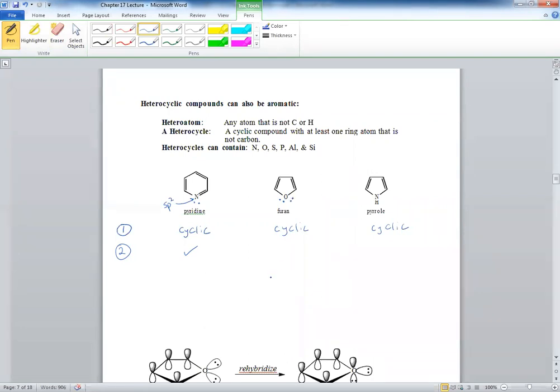Not bad. So yes, the answer is yes. Why? Because there's resonance in this. All you have to do is move those lone pairs, and then these pi electrons in the pi bond would move up and they would make this structure.